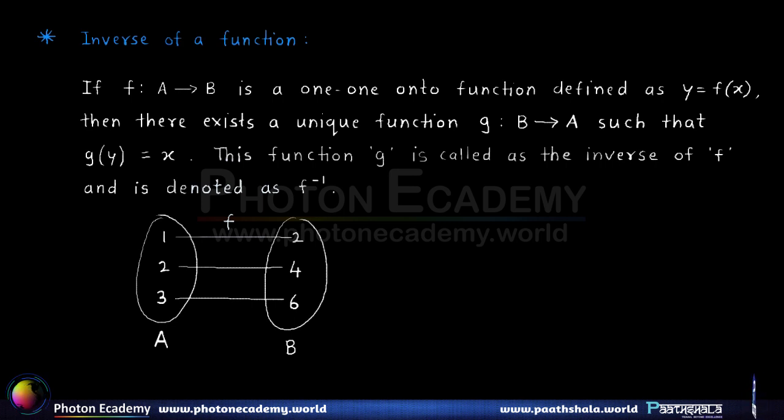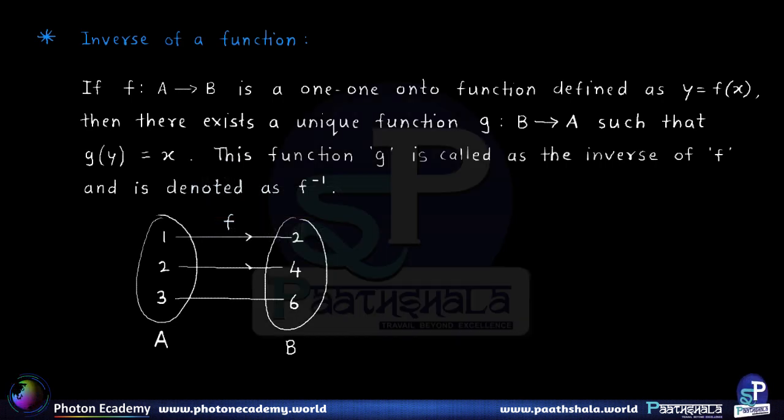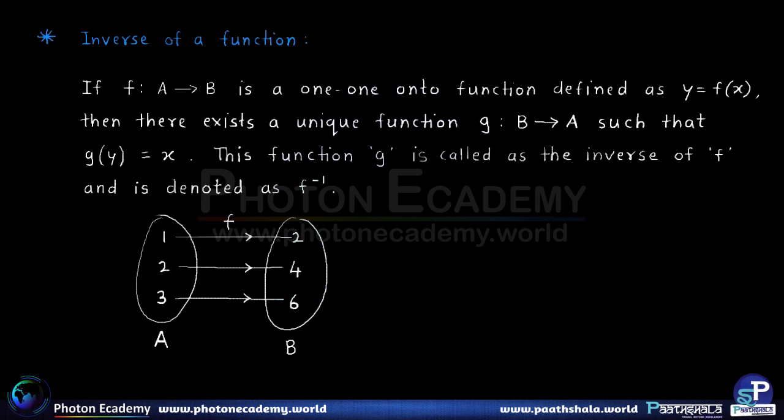So 1 is connected with 2, 2 is connected with 4 and 3 is connected with 6. It's not difficult to observe that the function basically doubles the input, and that is why 1 gives us 2, 2 gives us 4 and 3 gives us 6.